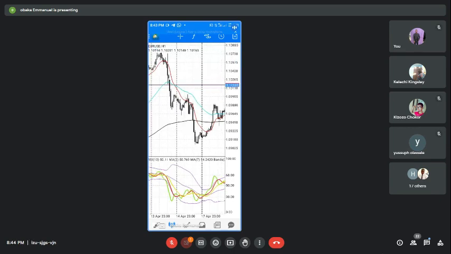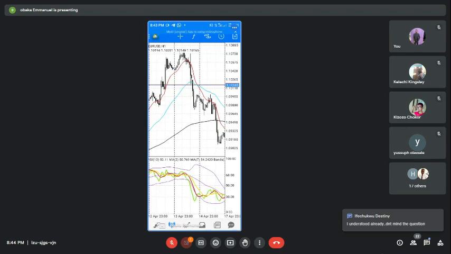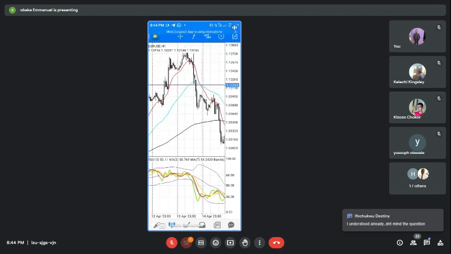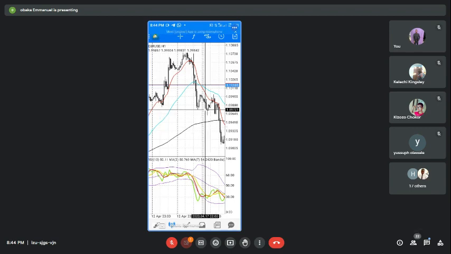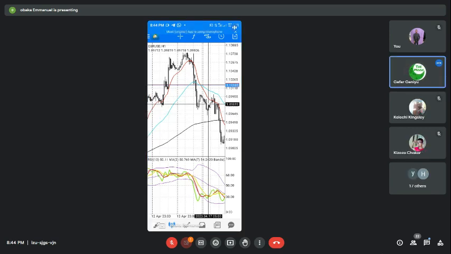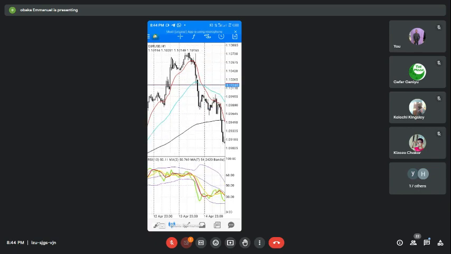Let me start from where. Alright, look at this H1 ID50. Are you seeing this? Look at the zone that the market left before forming the peak.